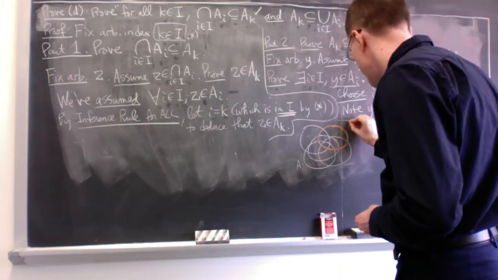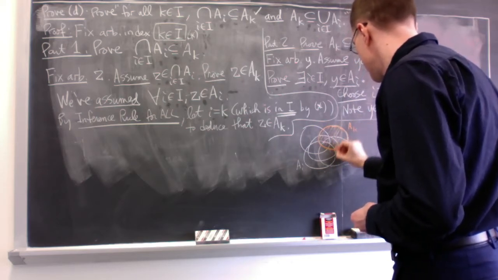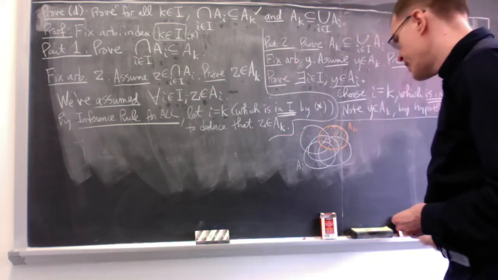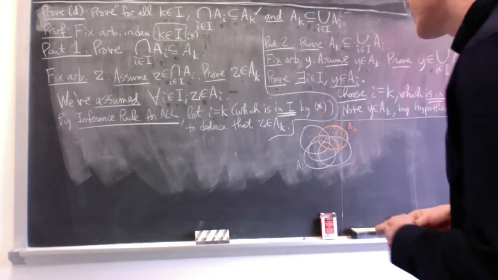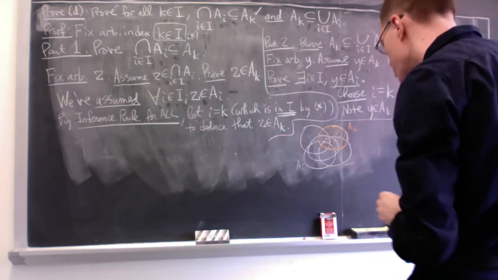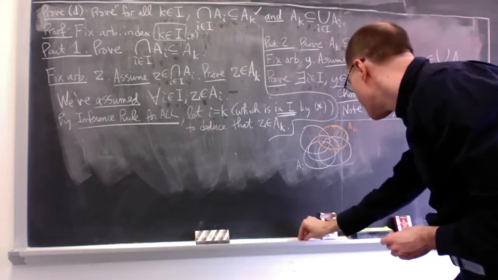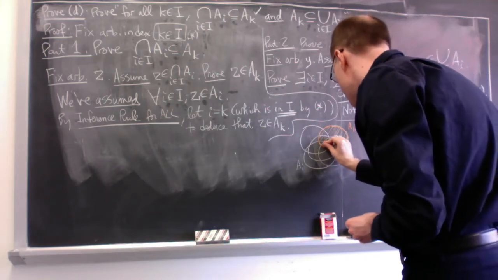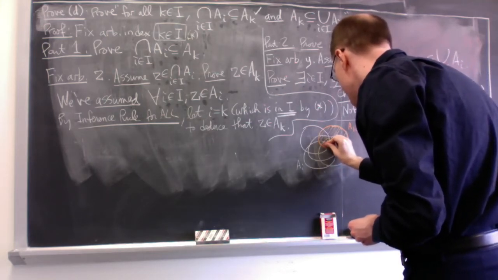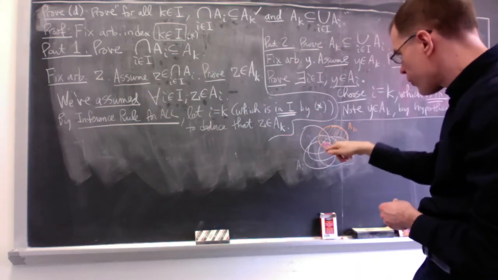Maybe that's this one. And let's just make sure we have some intuition for what was being said. This first part says that the intersection of all of these circles, which I probably won't be able to draw correctly, but it's probably sort of the stuff right here, or maybe even smaller than that, has to be the points that are in all the circles at the same time.